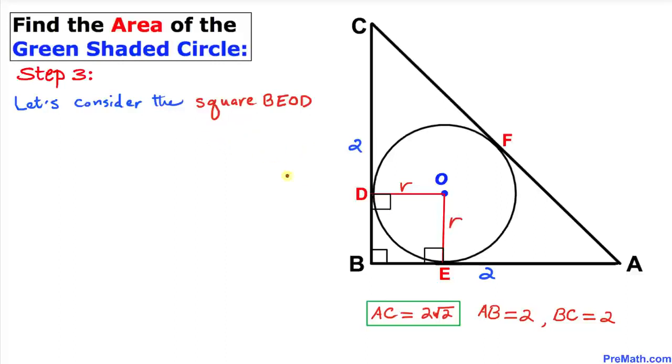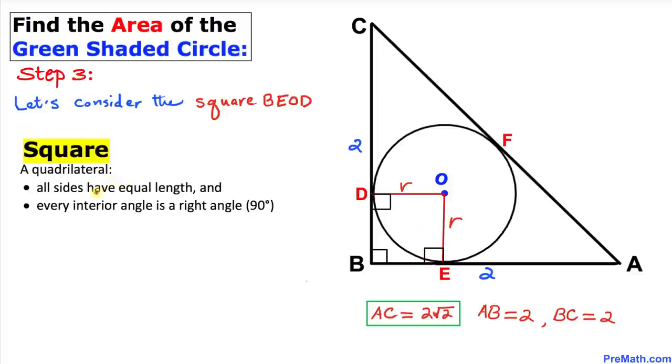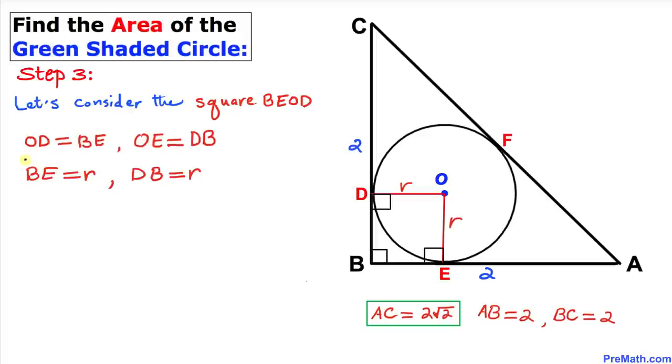Let's consider this square BEOD. Here's the definition of a square. All sides have equal lengths and every interior angle is a right angle. That means 90 degrees. Therefore, this BE equals r, and likewise DB equals r as well.